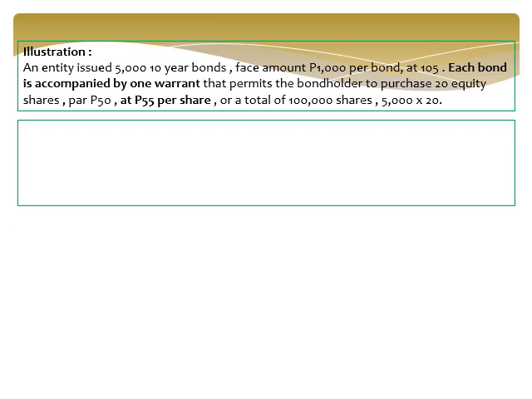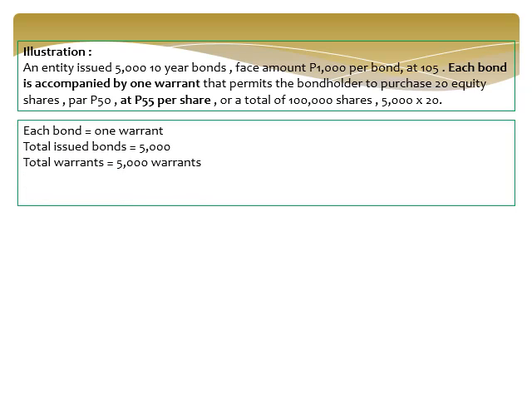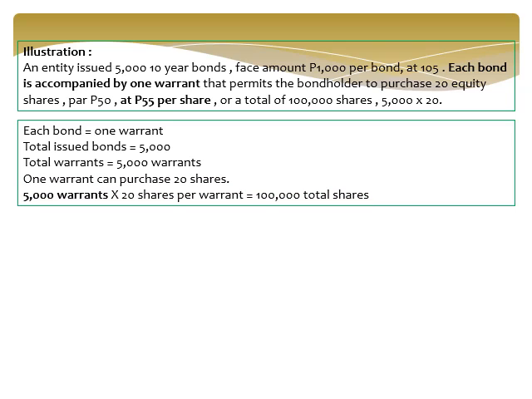And then, ang sabi natin nga, based sa illustration natin, each bond, merong 1 warrant. Meron tayong total bond na 5,000. So, therefore, meron tayong 5,000 warrants. Each warrant daw is pwede makapag-purchase ng 20 share. So, the total shares na pwedeng ma-purchase, 5,000 warrants times 20 shares per warrant, total 100,000 shares.